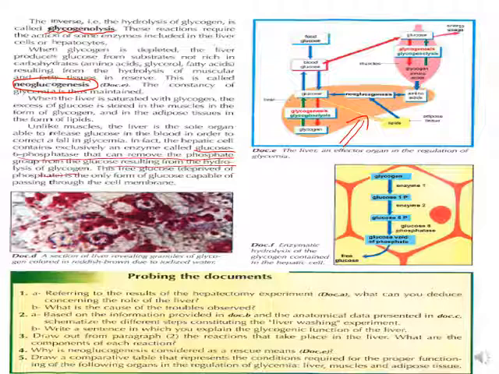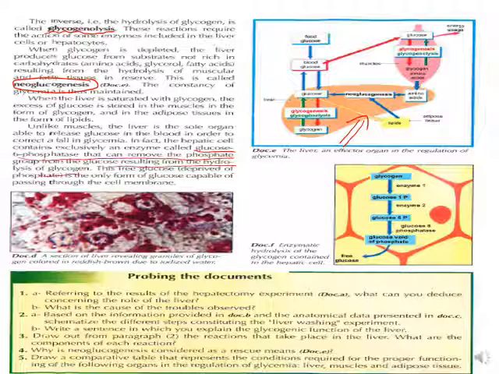We're going to schematize them. Part B, write a sentence in which you explain the glycogenic function of the liver. We said that the liver can produce glucose from glycogen kept in reserve in the hepatic tissues in case of blood glucose deficiency.